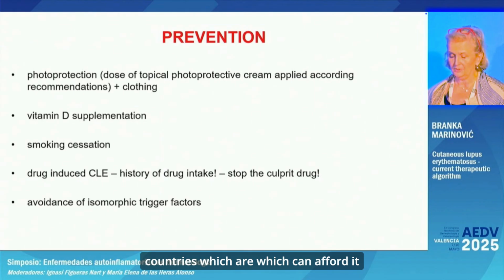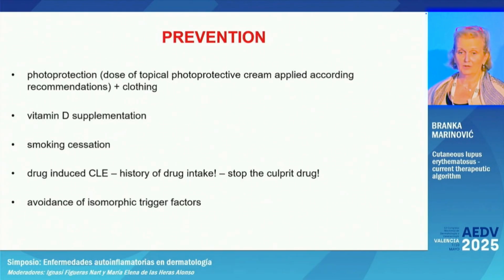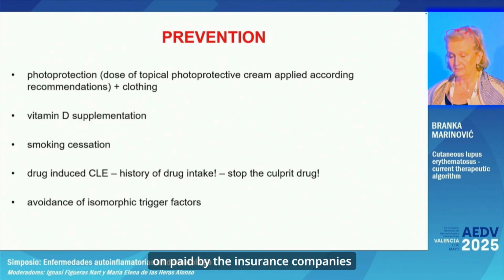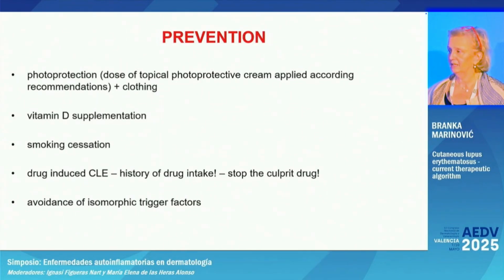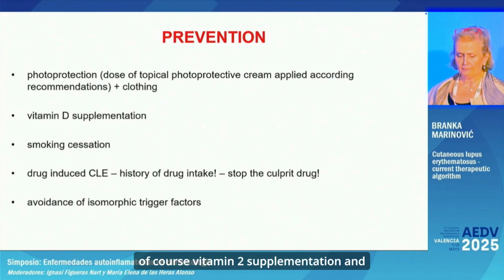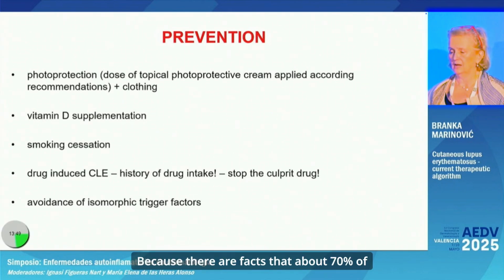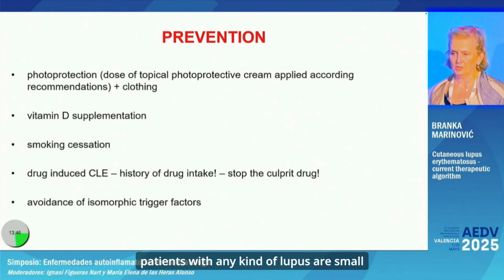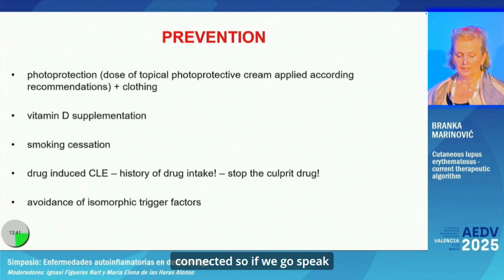I know that some countries which can afford it give patients the sunscreen creams paid by the insurance companies, because when they made a cost benefit analysis, they discovered that patients only use it when they have enough and they don't have to pay. Of course, vitamin D supplementation and stop smoking, because there are facts that about 70% of patients with any kind of lupus are smokers, and this is something that is well connected.